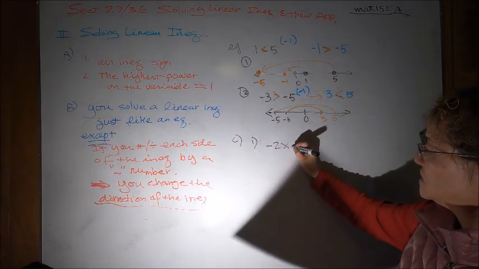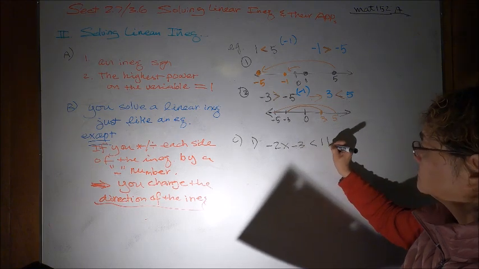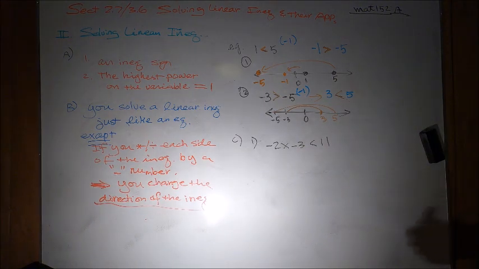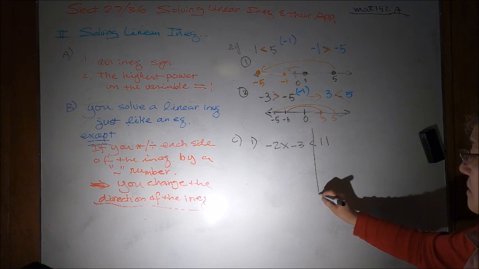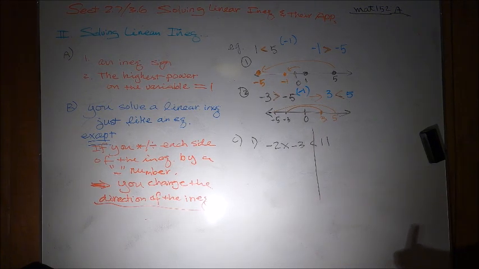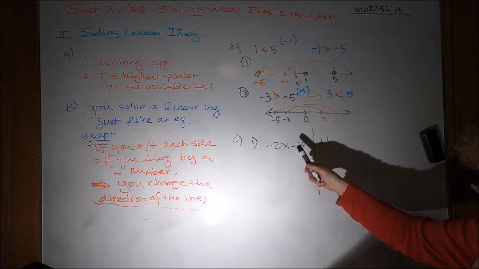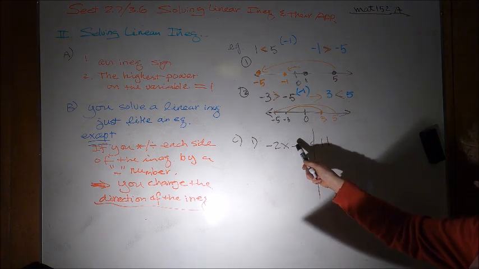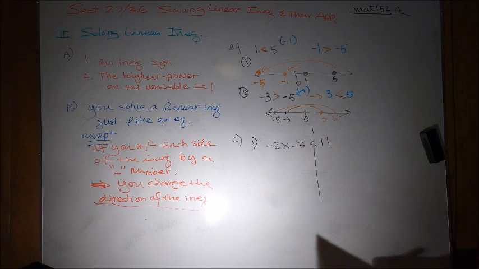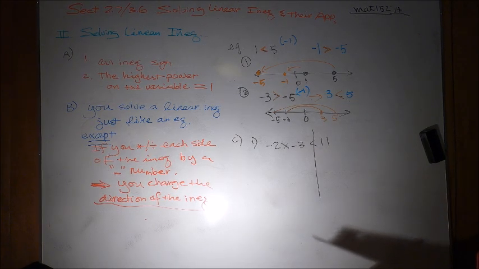Let's look at the first example. So we do the same thing. We mark the line. Then we will do things like x, right? Get x by itself. At the same time, we call this what?